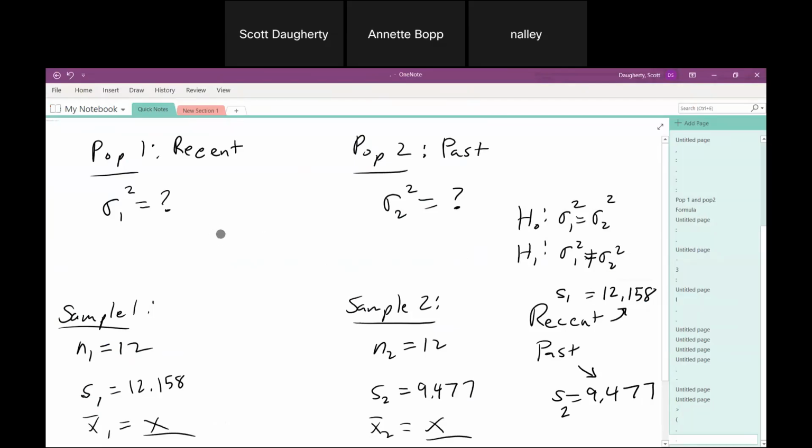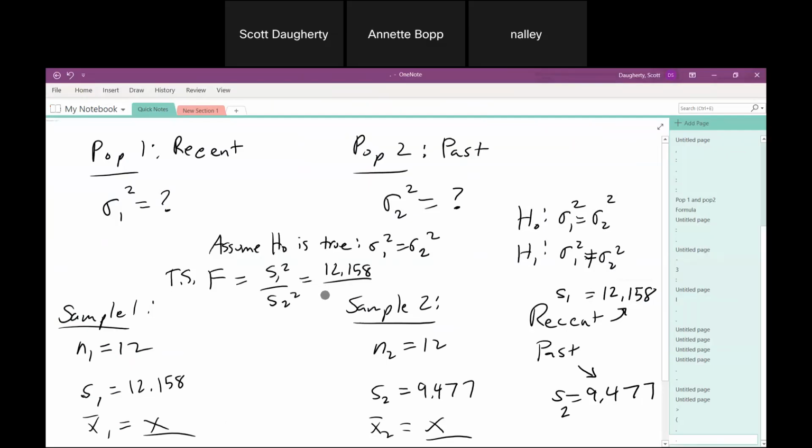Let's just do the p-value method. So you assume H0 is true, that sigma 1 squared is equal to sigma 2 squared. And then you find your test statistic, which is simply S1 squared divided by S2 squared. Okay.